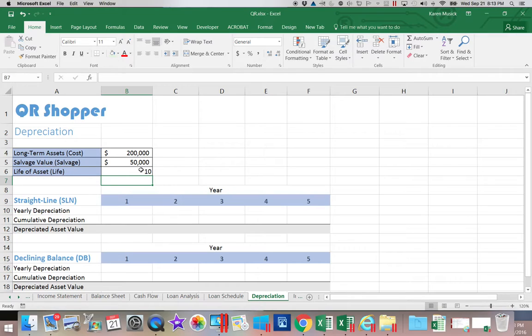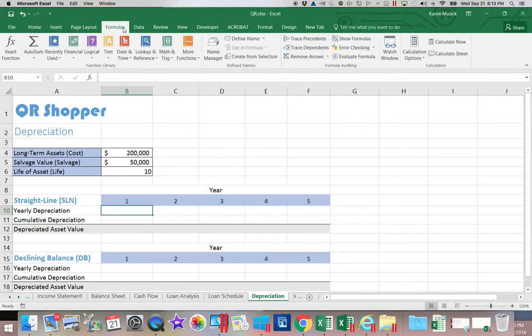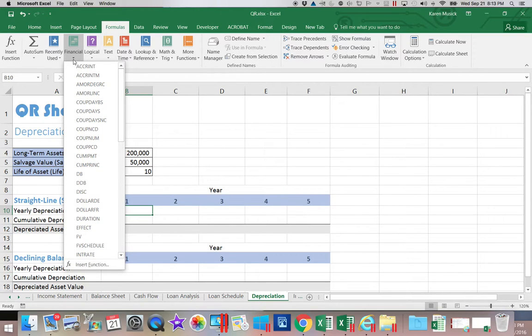So let's look at the first and the easiest way. This is straight line. So we're going to click in year 1. And we are going to be copying these formulas, so we do have to make sure we pay attention to absolute versus relative referencing. So we're going to go up to our formulas. Again, these are going to be under financial.